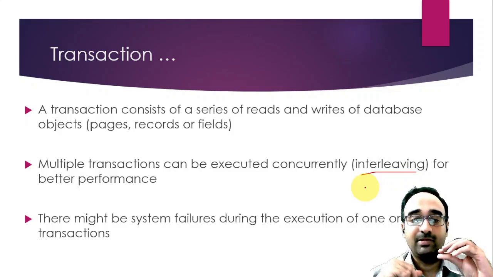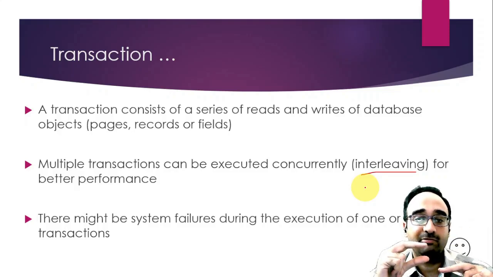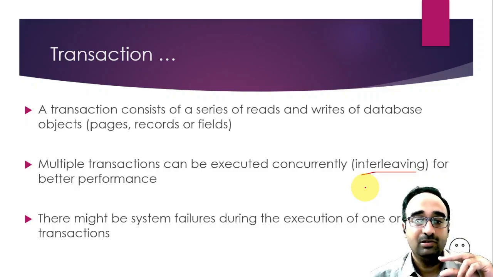That means some actions from transaction 1 will be performed, then transaction 2, again transaction 1, again transaction 2. This is called interleaving. Why do we do this interleaving? It is for better performance, for fast response time.